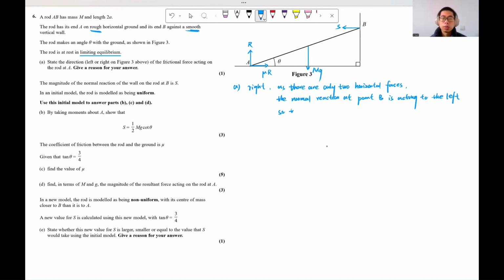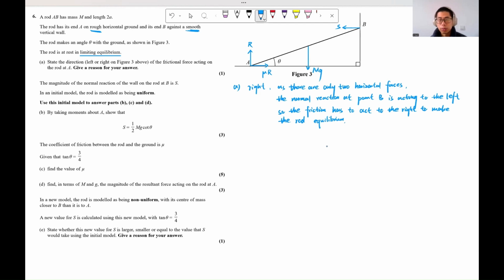So the friction has to act to the right to make the rod in equilibrium.